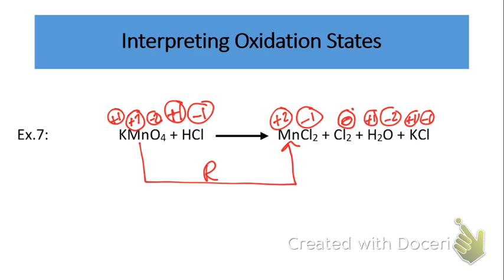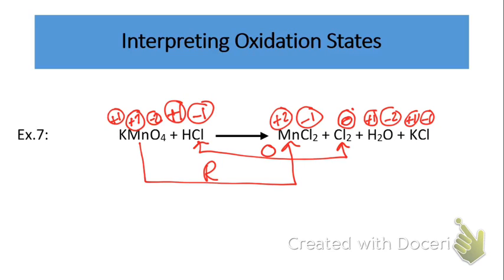Oxygen has not changed. Hydrogen has not changed. Chlorine has changed. Chlorine went from a -1 to a 0, so it's an increase. Therefore, it's been oxidized. So manganese has been reduced, and chlorine has been oxidized in this particular reaction.